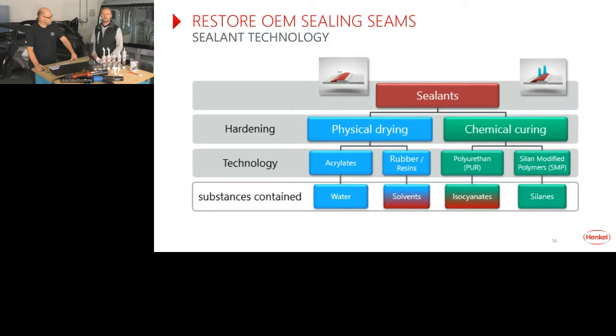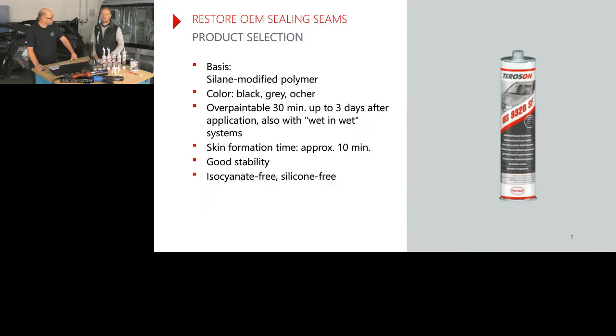So the result out of that is one product. It's all combined in one product. And if this product now meets all our requirements, it would be great. So let's have a look. It's made from silane-modified polymer. It's available in different colors: gray, ochre, and black.